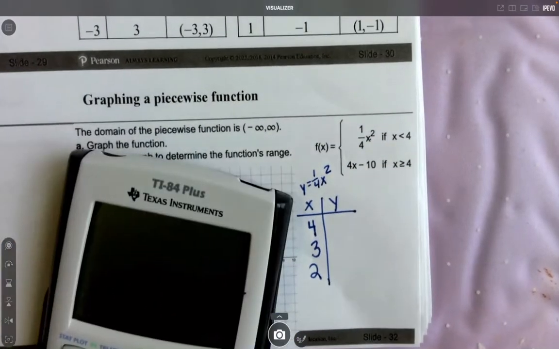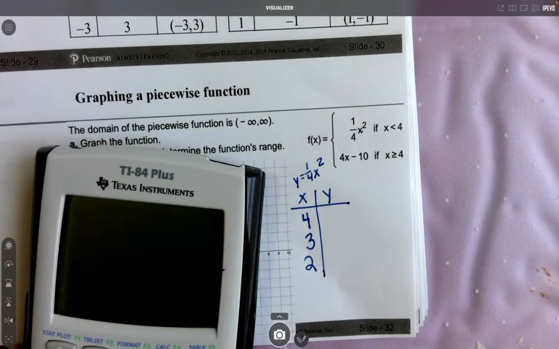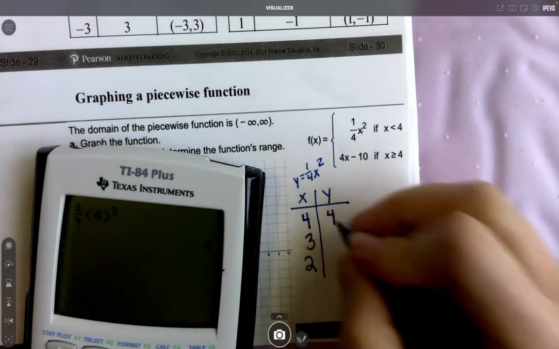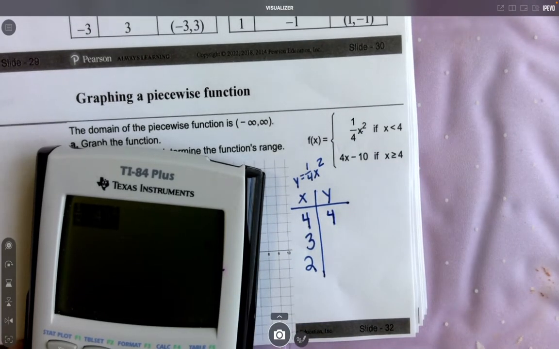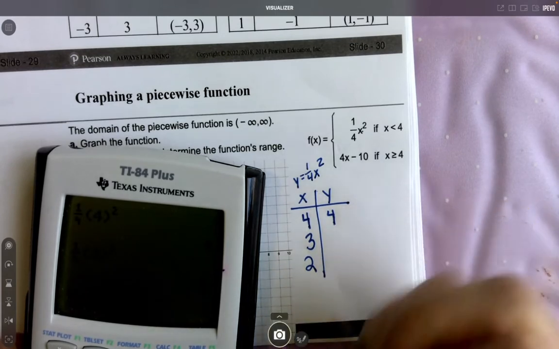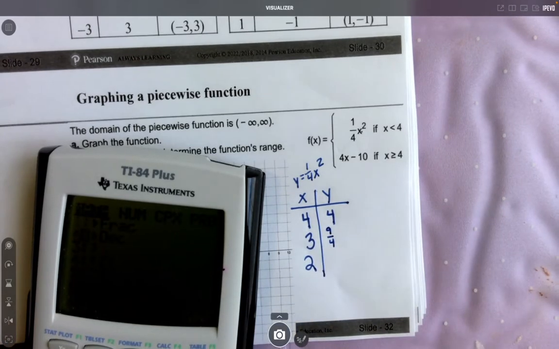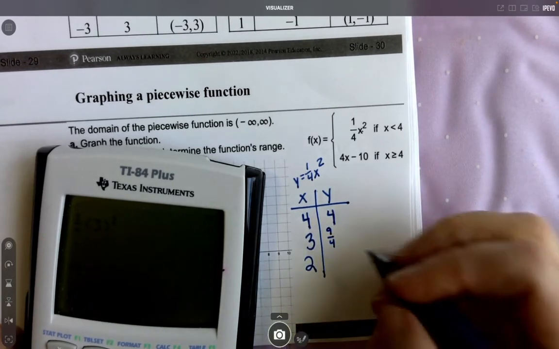So I'm just going to put that into the calculator. So 1/4 times 4 squared. It's 4. 1/4 times 3 squared. 9/4. I can hit math decimal. 2.25.